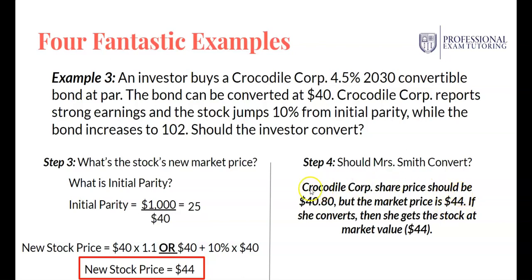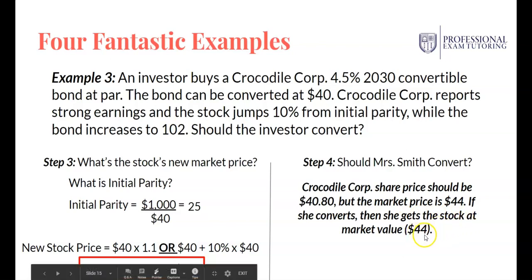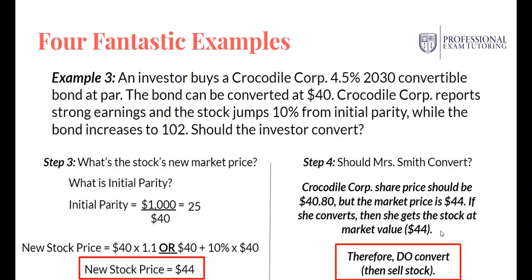And it, in fact, should only be worth $40.80. So you're actually really making out quite well and better than you should, because the stock should only be worth $40.80. So therefore, if she converts, she's going to get a stock with a market value of $44 when it should only be worth $40.80. Therefore, she does want to convert.